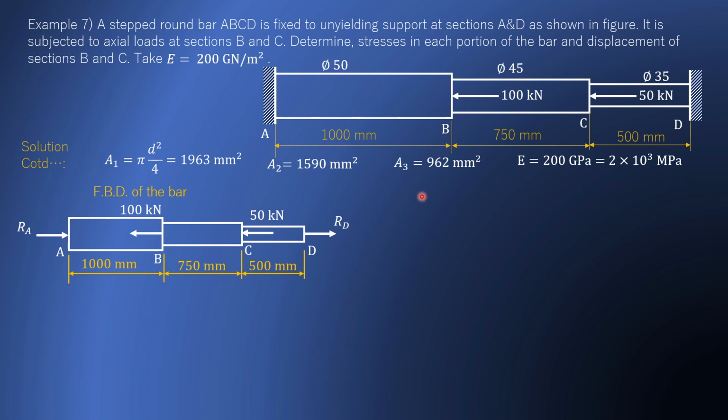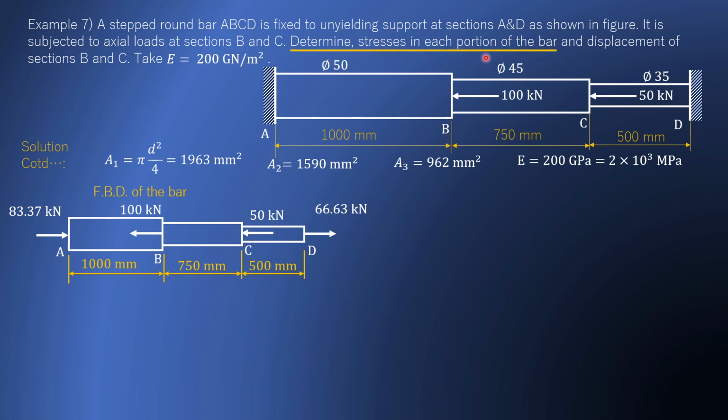Area of third part is 962 millimeters squared. Young's modulus we know, 2 into 10 raised to 3 megapascal, and these reactions are known: 83.37 kilonewton and 66.63 kilonewton. Delta is equal to delta 1 plus delta 2 plus delta 3, but total deformation is 0. Let's proceed.